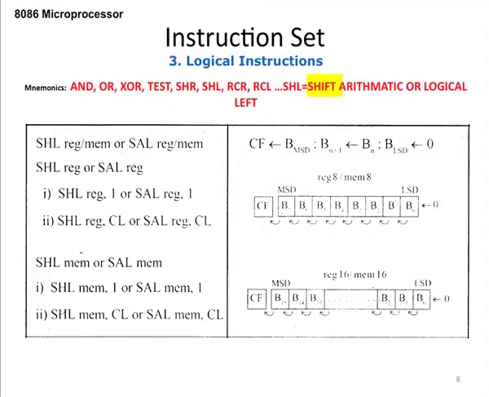The contents of the most significant bit is transferred to the carry and the vacant position which is created will be filled with a newly inserted 0. Similarly, the instruction available for arithmetic or logical left shift is SHL memory or SAL memory.